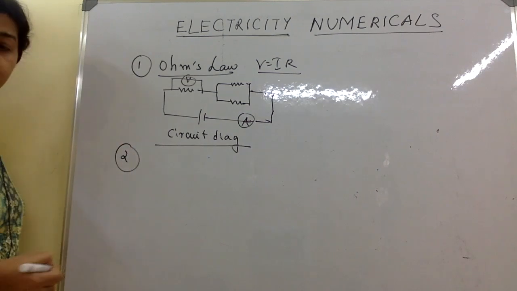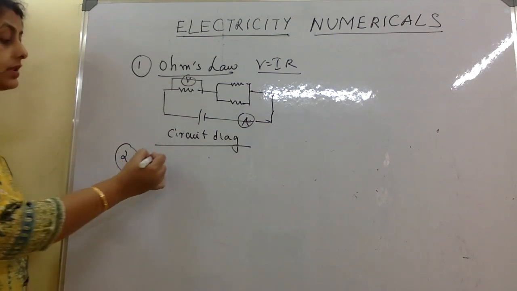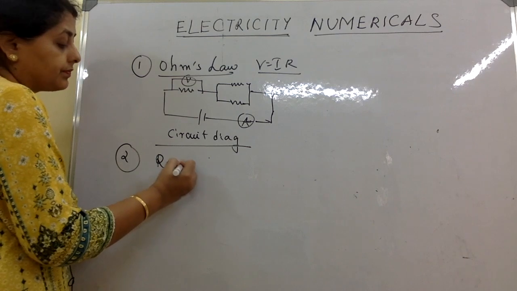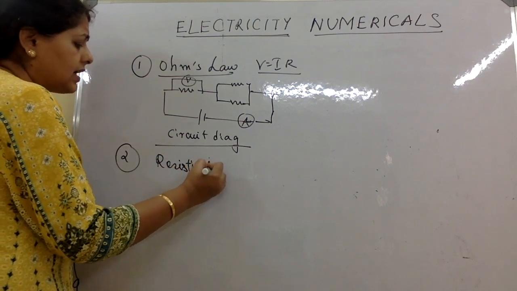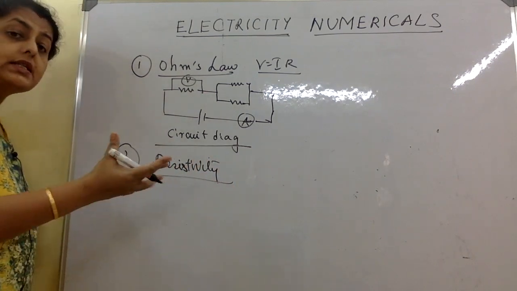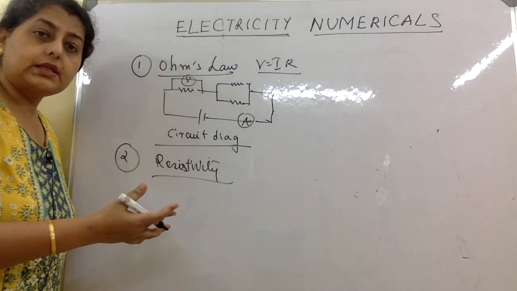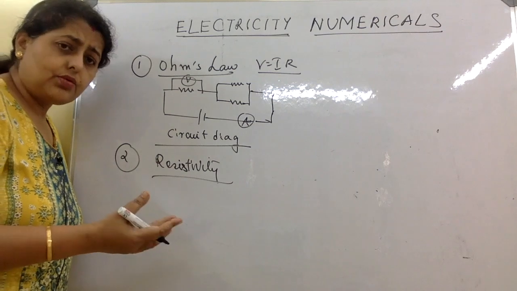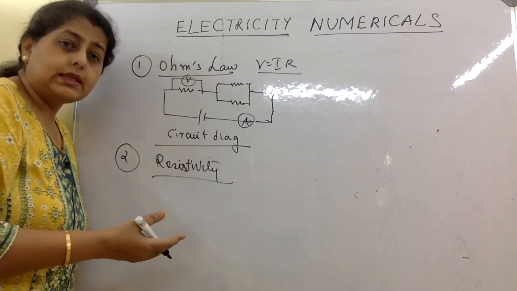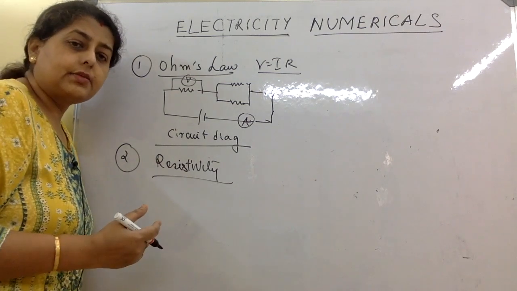The second type of sum is resistivity questions. These are very scoring, resistivity, also called specific resistance. You must know this. I don't know for what reason resistivity is always neglected by the students.